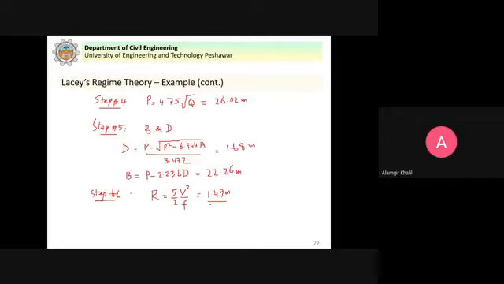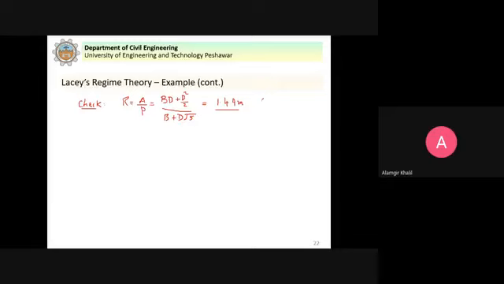If you put the values, this comes out to be 1.49 meter. So this is 1.49 meter and this is 1.49 meter. Clear? So this is the check on the calculations.